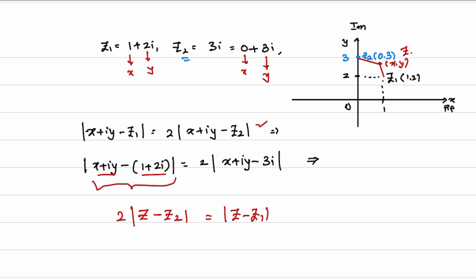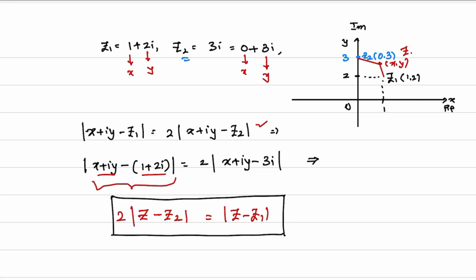Are you able to understand the geometrical interpretation? This is how we are getting (x, y), and we are going to trace that curve, what it represents. This is the condition which is being fulfilled. x and y are variables. Z1 and Z2 are the fixed points.